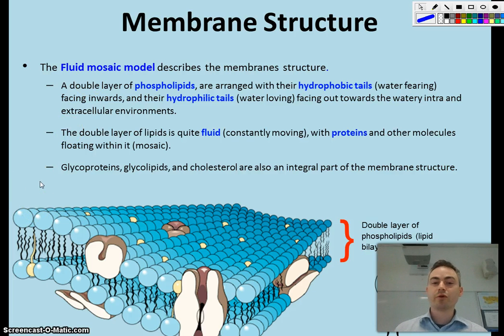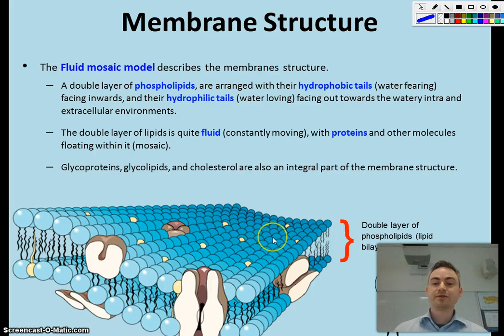The fluid mosaic model tells us that the membrane is largely made up of a phospholipid bilayer. So that is these two layers of phospholipids facing opposite to each other, making the boundary of the cell. And on one side will be the extracellular environment, that is the environment outside of the cell, and the other side, the intracellular environment.